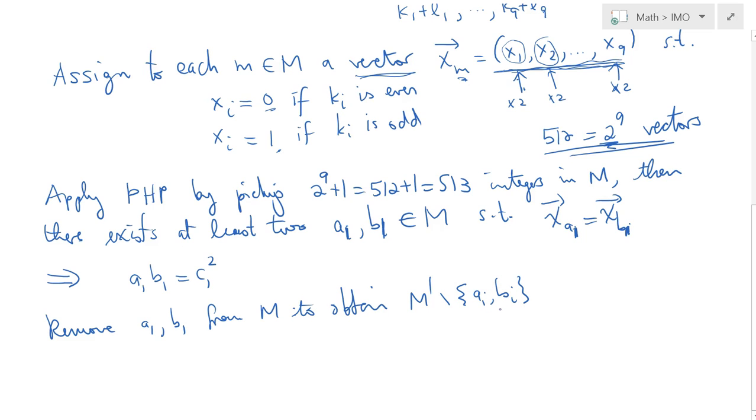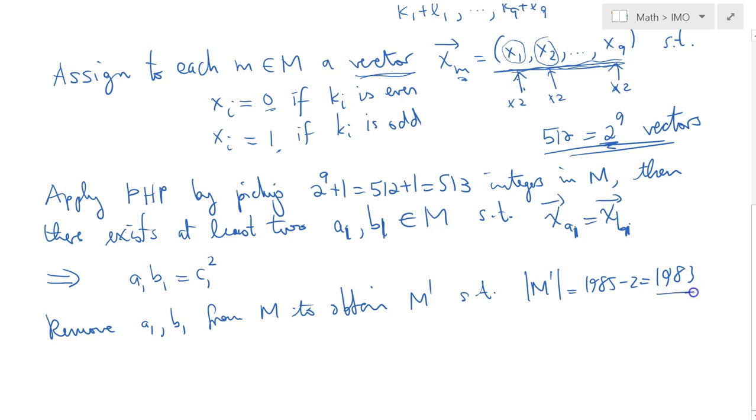So remove those from the set. You guys get the idea. This is our set M prime, which would have 1985 minus 2, 1983 elements in it.